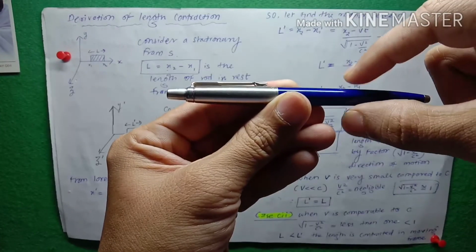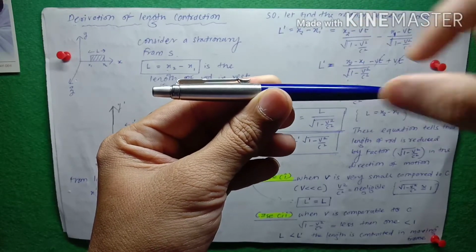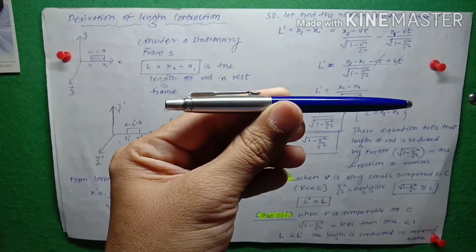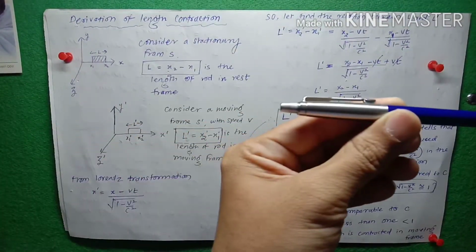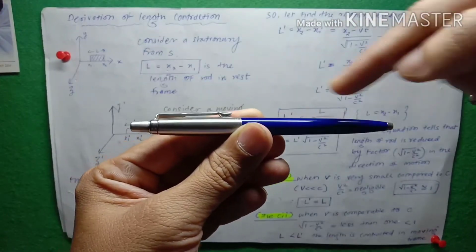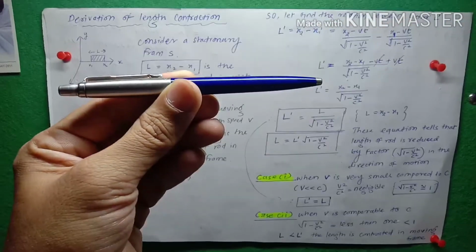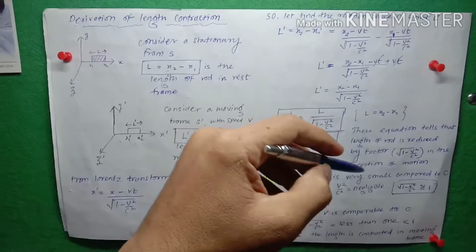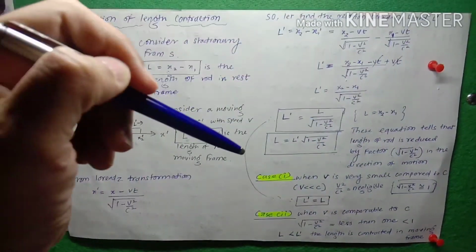The height, meaning the diameter of the pin, will not decrease; it will remain as it is, because the pin is not moving upward or downward, it is moving to the right. So only along the direction of motion will the length decrease. That is the meaning of the length of the rod being reduced along the direction of motion.